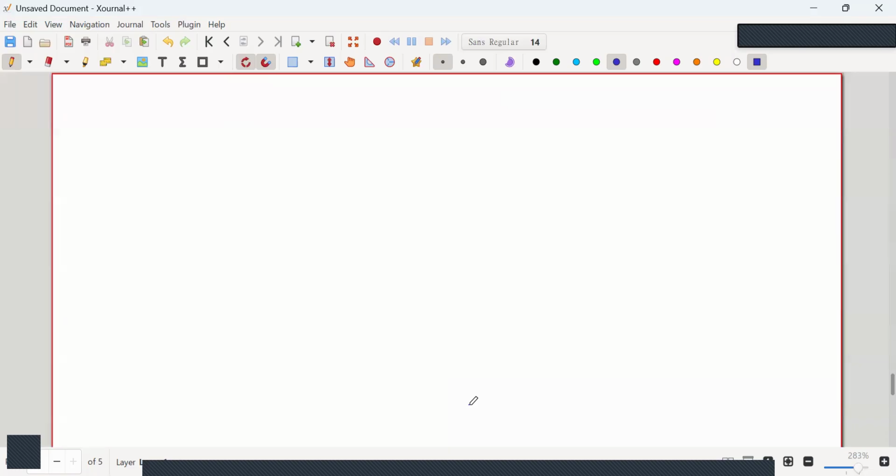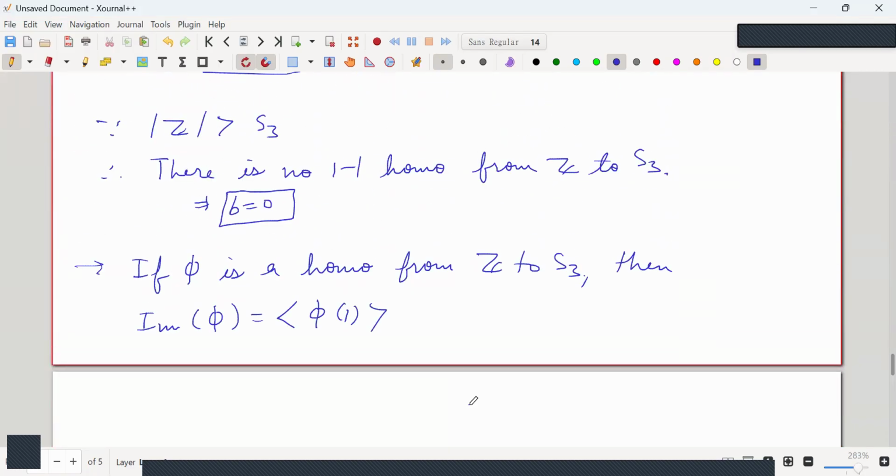Why is it so? Since for any n belonging to Z, phi of n is phi of 1 raised to n. Here 1 raised to n is in terms of addition, so this is just n times 1.